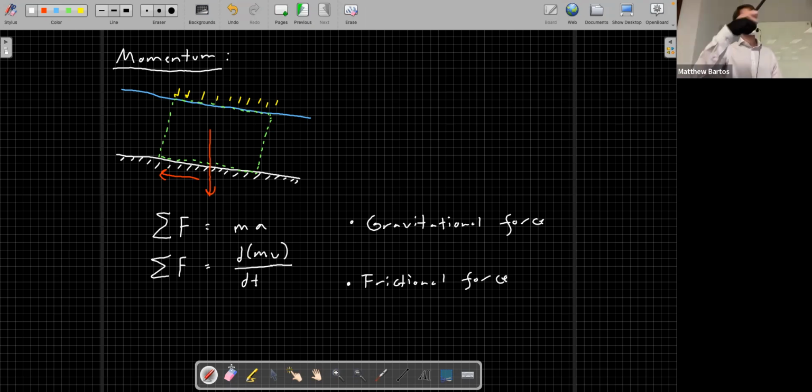Shear. So that would be related to friction. Right. And what's the name for the weight of the water in terms of the force? There's a special name for it. Hydrostatic force. Okay, so let's draw that out here.